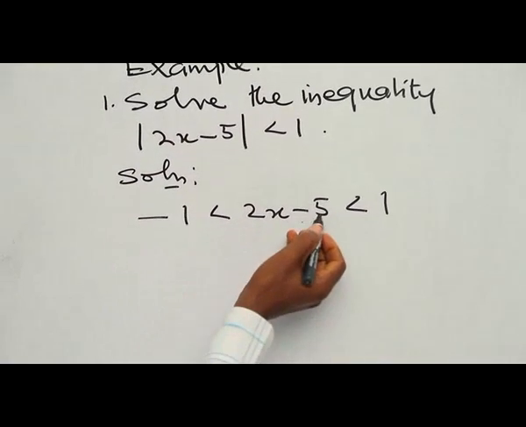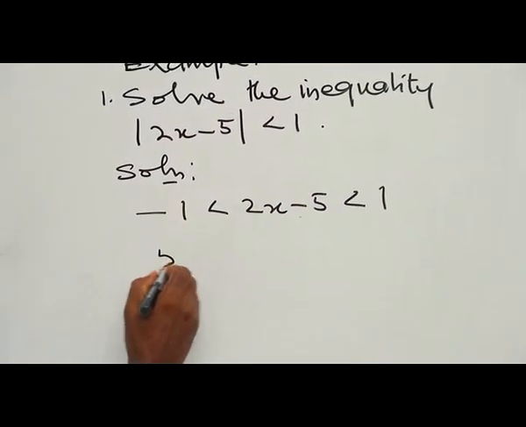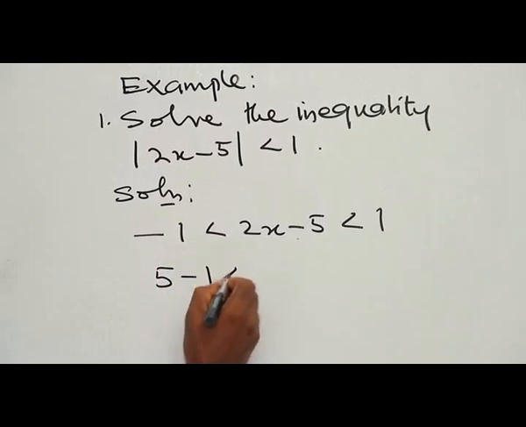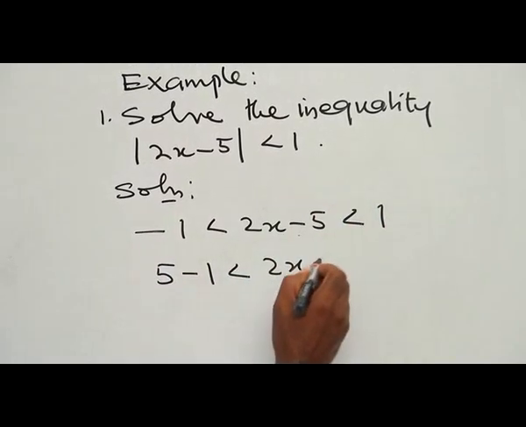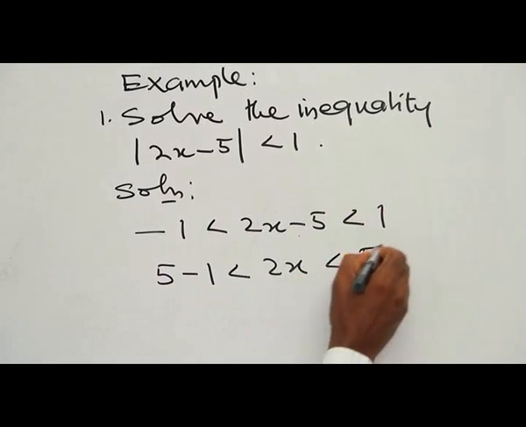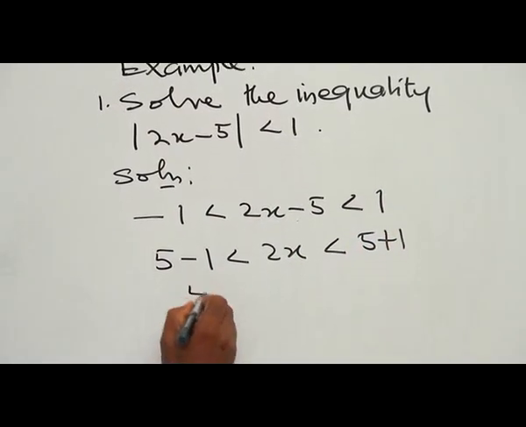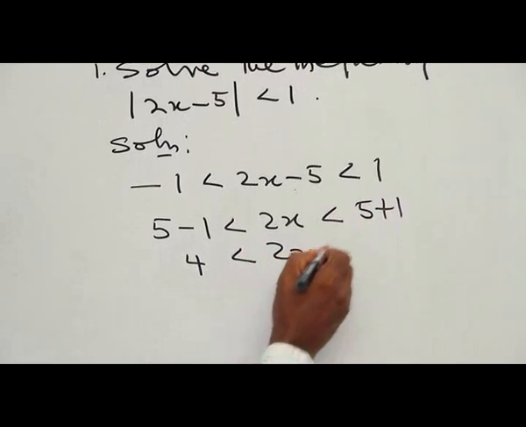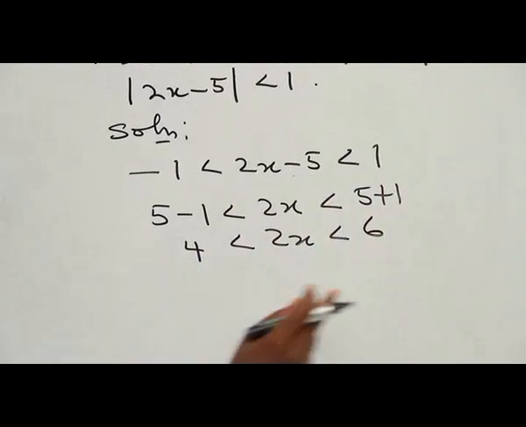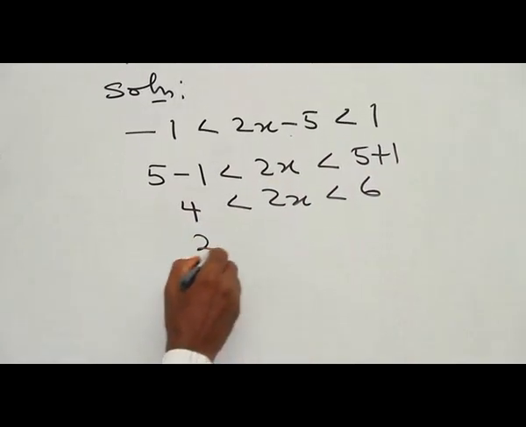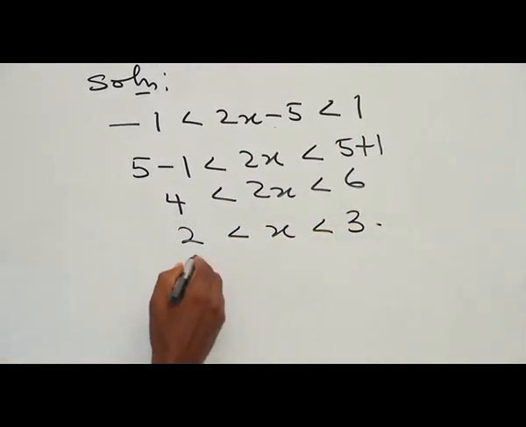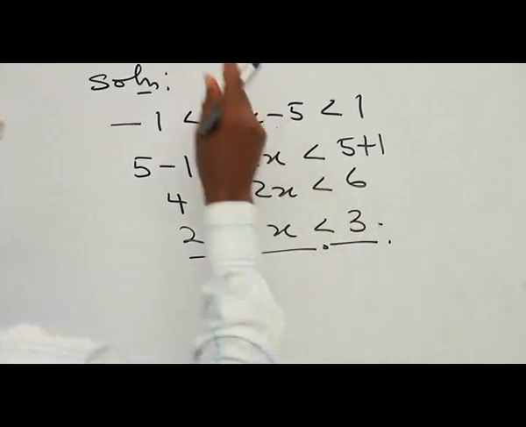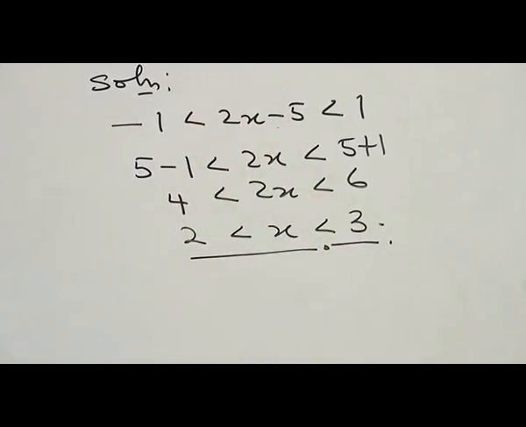You take your minus 5 to your left hand side, becomes plus 5, minus 1, remaining 2s here. Take the same minus 5 to your right hand side, less than 5, and then plus 1. This will give you 4 less than 2s less than 6. Since 2 can divide all through, we have 2 less than s and then less than 3. So this is the final result as far as this problem is concerned.